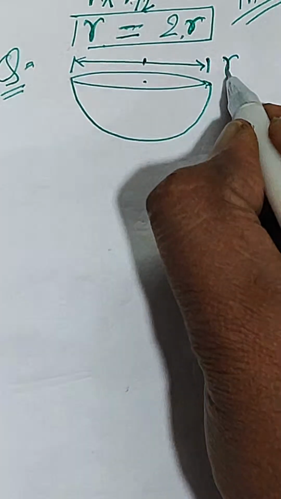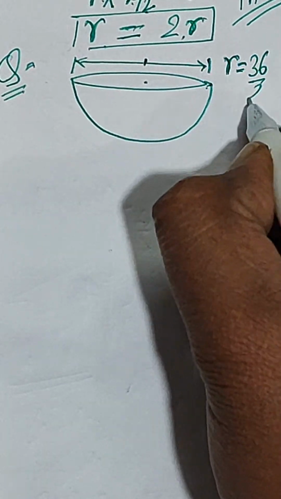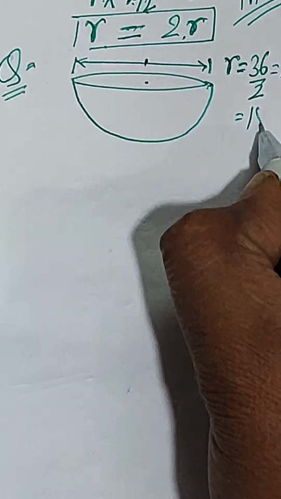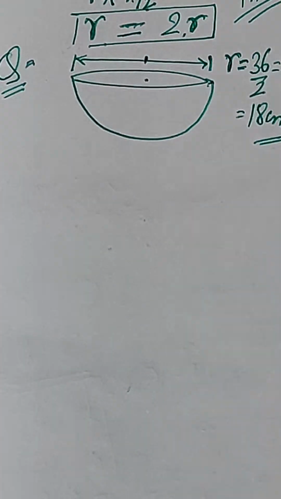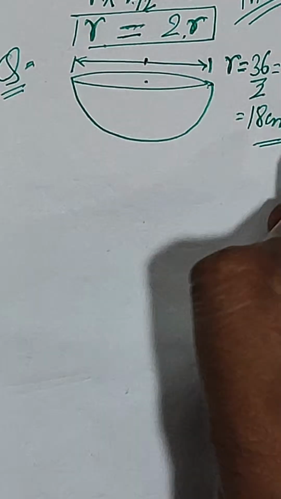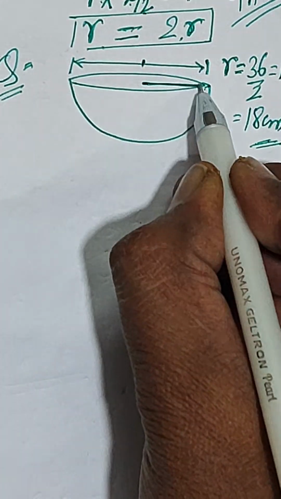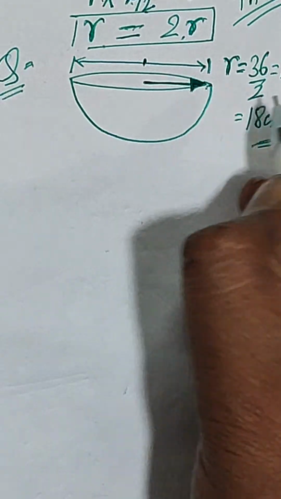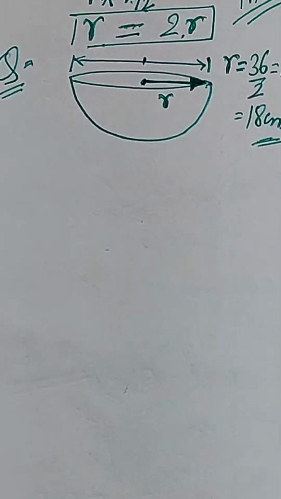So the radius of this bowl is 36 by 2, which comes to 18 centimeter. So 18 centimeter is the radius of this hemispherical bowl.